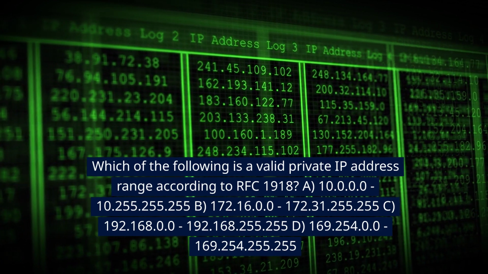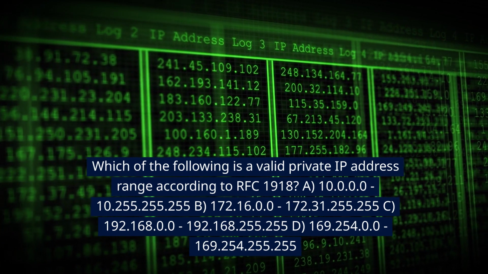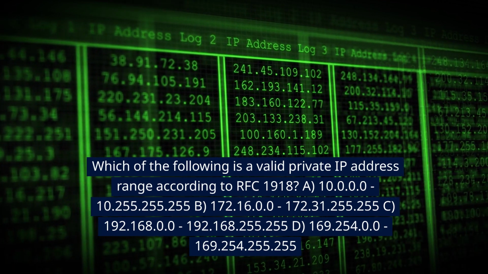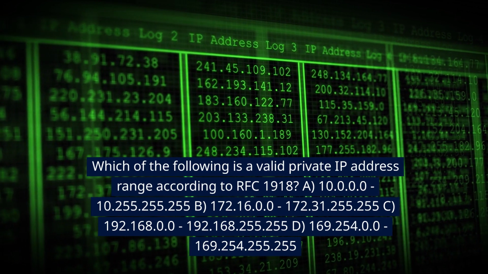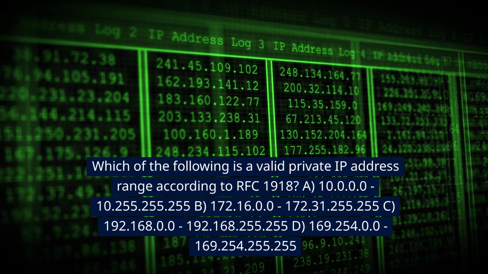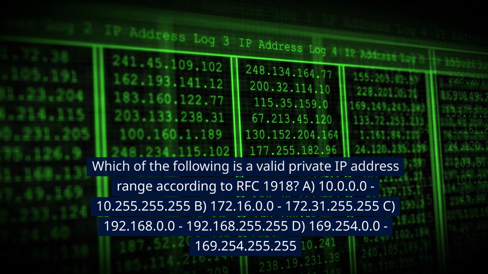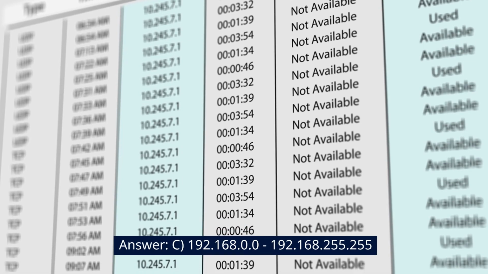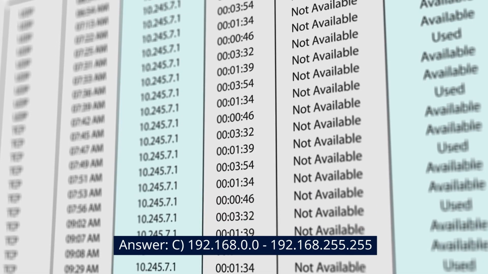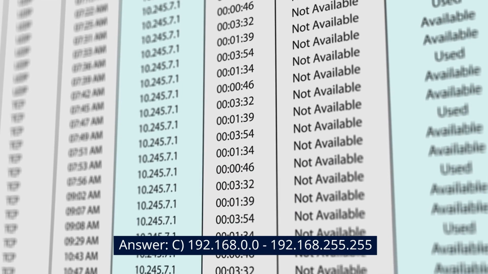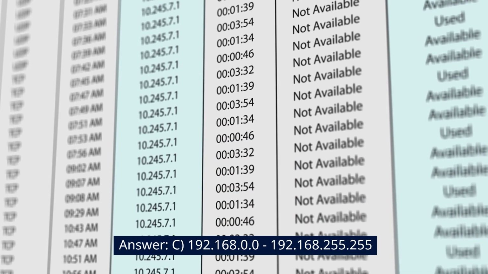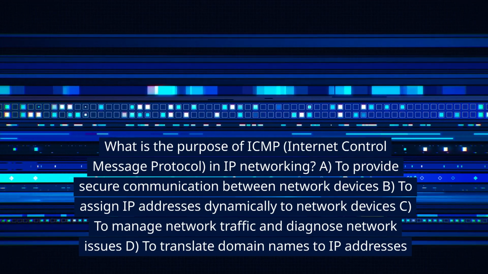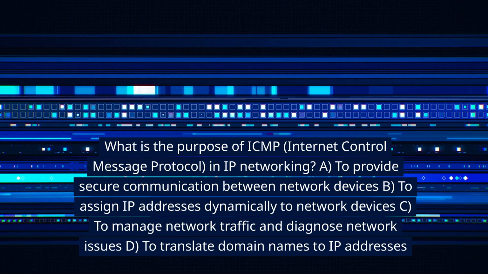C. 192.168.0.0 to 192.168.255.255. D. 169.254.0.0 to 169.254.255.255. Answer: C. 192.168.0.0 to 192.168.255.255. What is the purpose of ICMP, Internet Control Message Protocol, in IP networking?